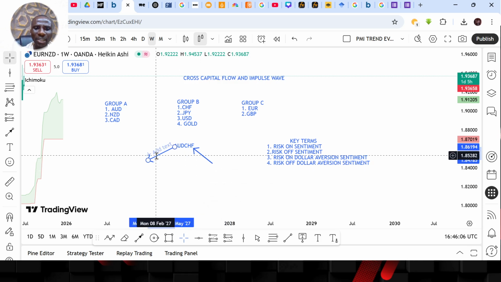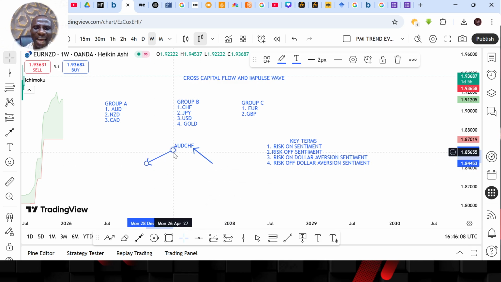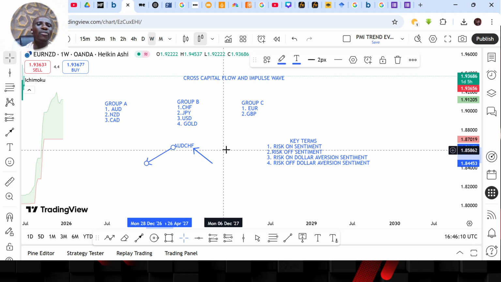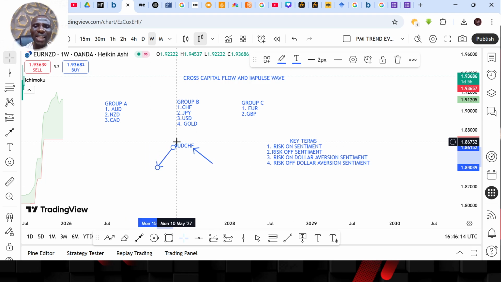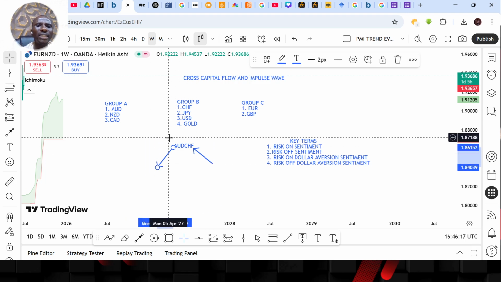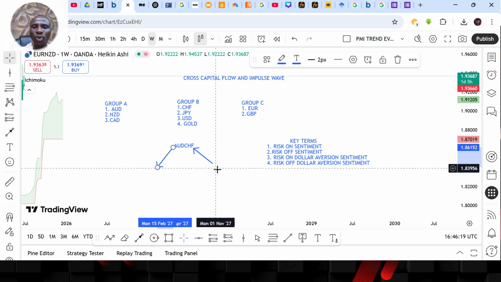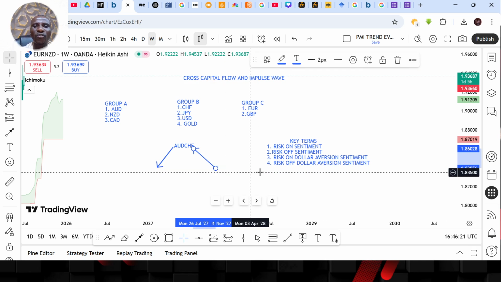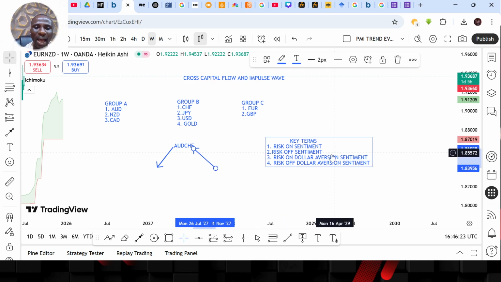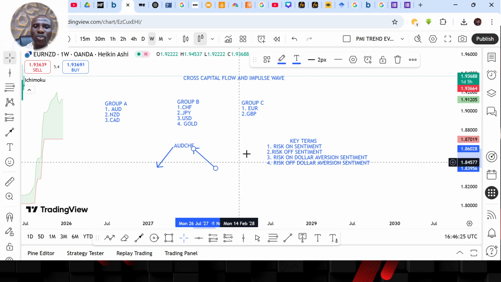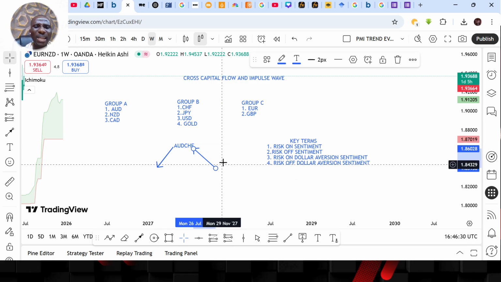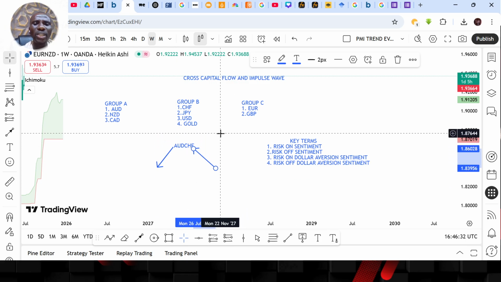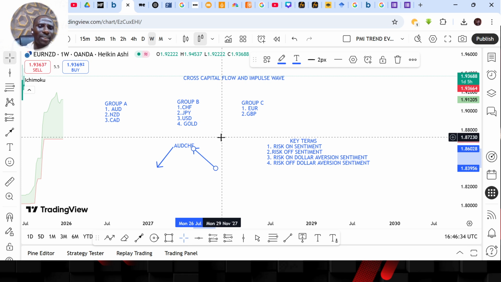This cross capital flow is what will engineer the impulse wave that you are looking for in the market. As capital is flowing away from AUD and into CHF because of the risk off environment, AUD CHF as a currency pair is going to give you a very clear impulse move to the upside or to the downside, depending on the volume.